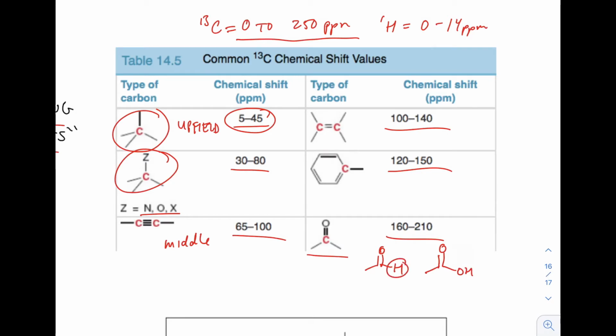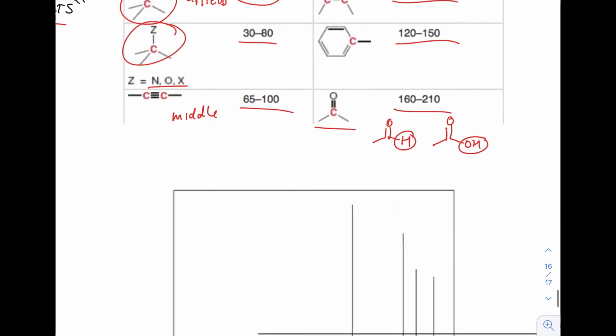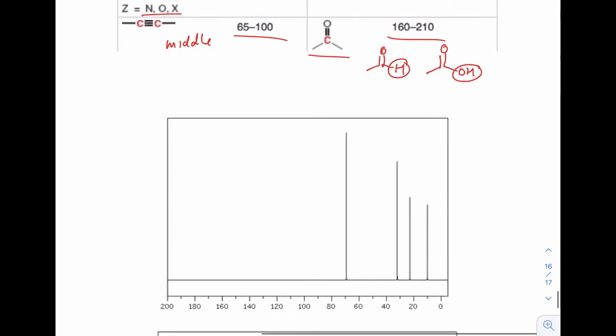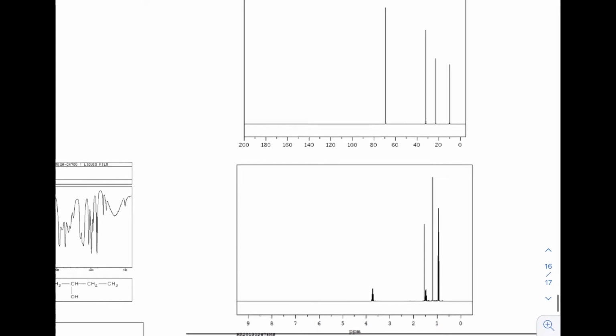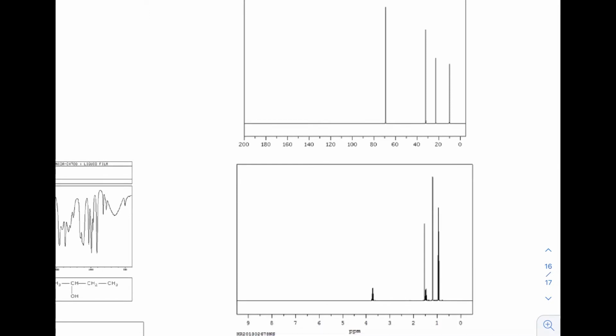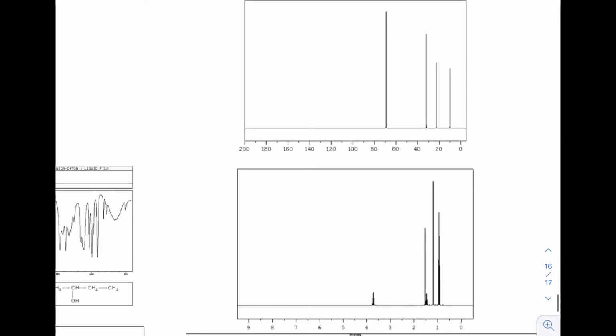Aldehydes and carboxylic acids were extremely downfield, so they do parallel one another, and we can see that in this particular structure compared to this one. I'm trying to have them stacked on top of one another.